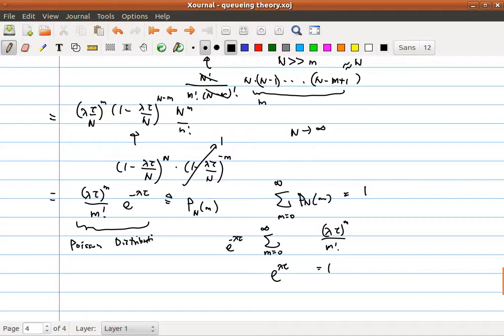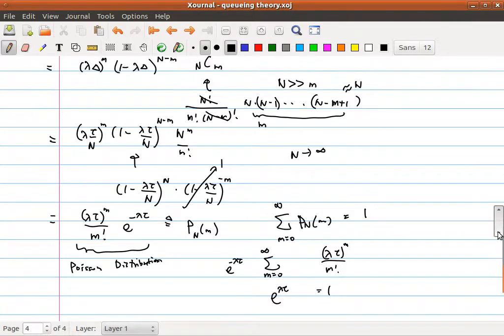I'm not sure which one was invented first, the Poisson distribution or the Poisson process. But anyway, this connection helps you memorize why the Poisson process is known as Poisson process, because the number of packets arrived within a particular period has a distribution that is exactly the Poisson distribution.